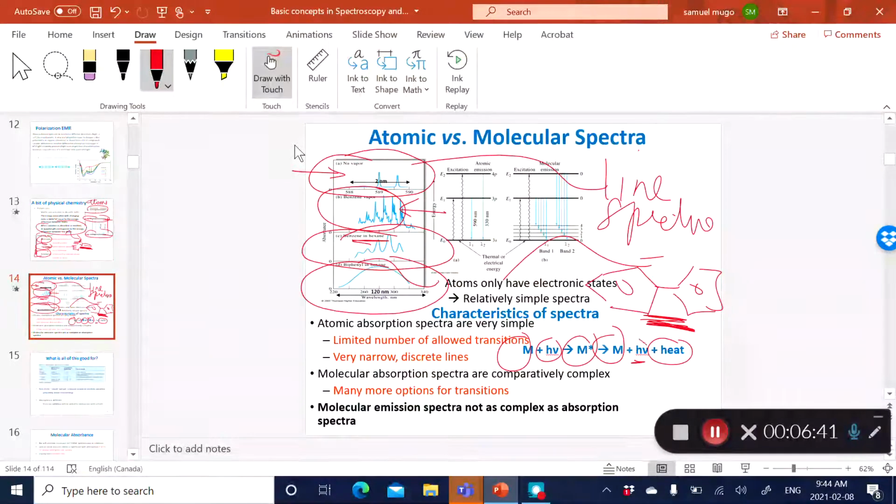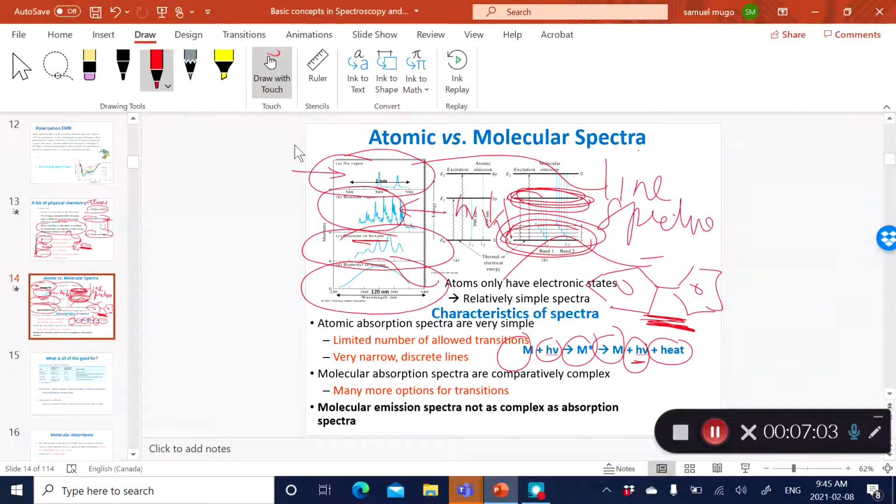Now, light that is emitted typically comes from electronic transitions. So when the electrons are falling from an excited electronic state to the ground electronic state, that's when you get a photon.